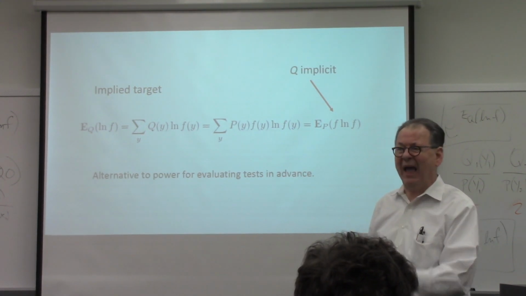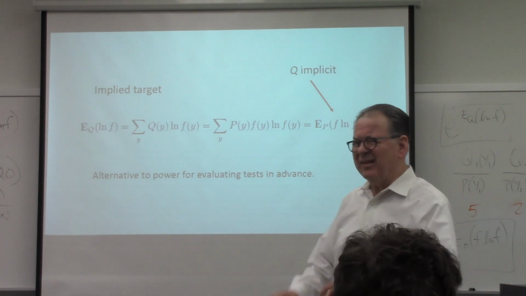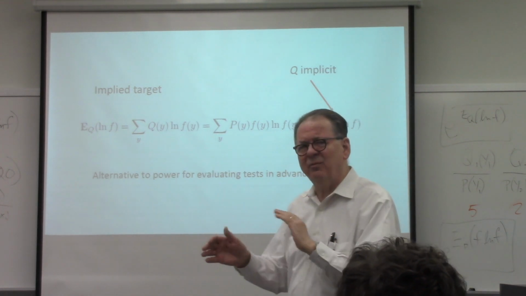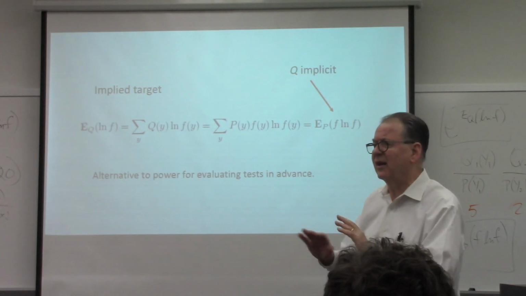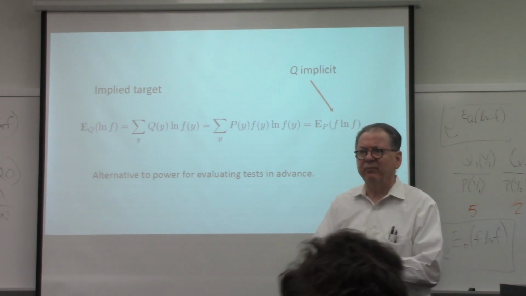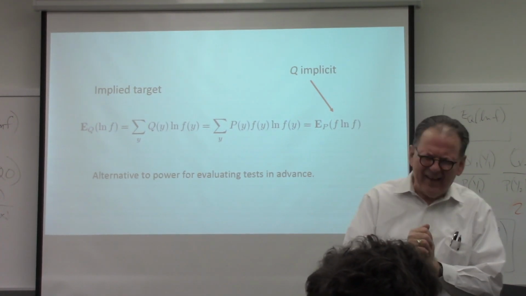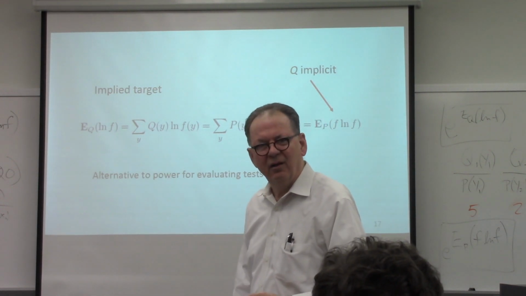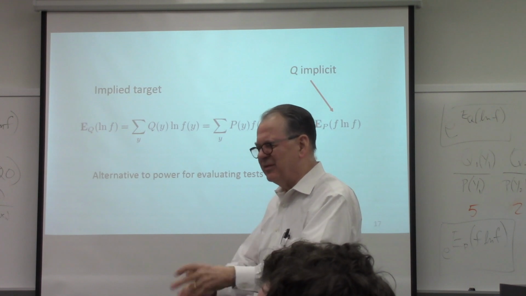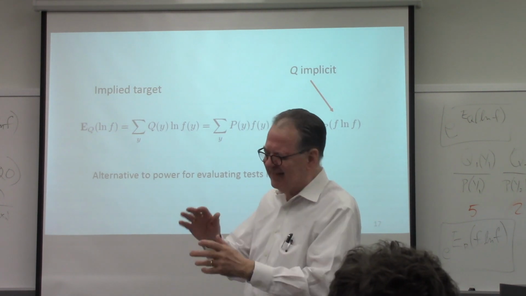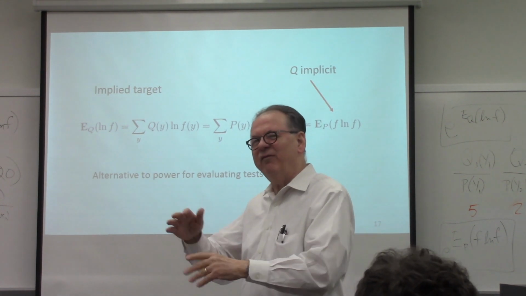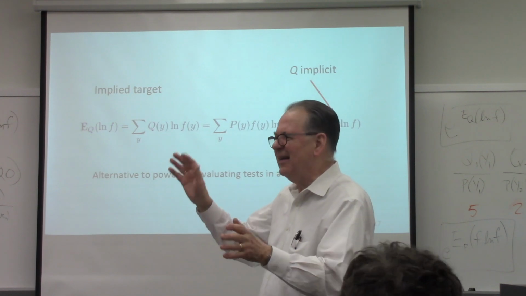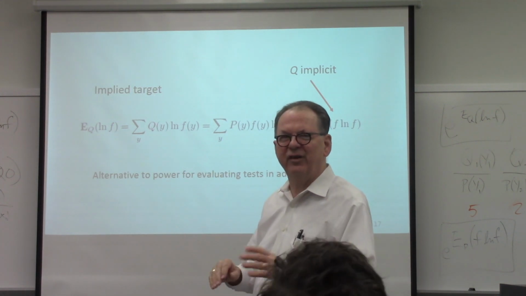Usually people talk about power, but nobody buys power. Power is too hard. So my idea is that this would be easier to communicate than power. For one thing, people don't want to tell what the alternative is they're testing. Because if their sample size is not very large, they want to say, well, I can't say how much of an effect I need to be interested in.